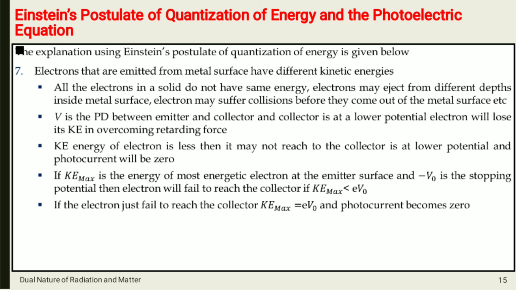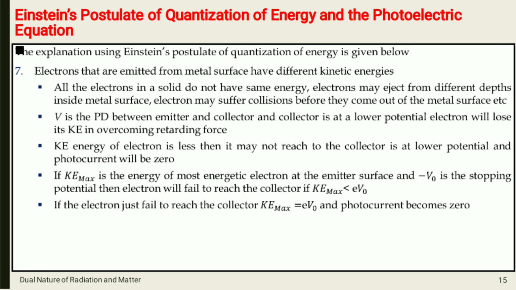So its kinetic energy is used to overcome the retarding force. If the kinetic energy of the electron is less, it may not reach the collector, as it is at lower potential, and photocurrent will be 0.